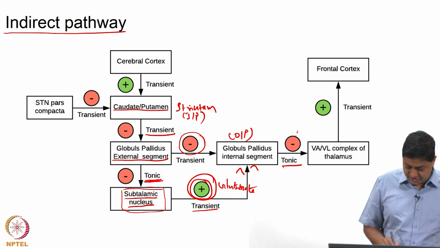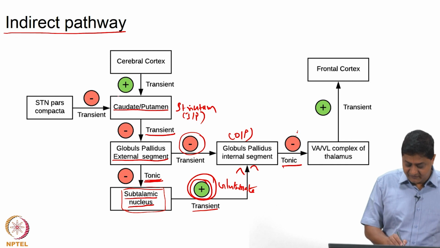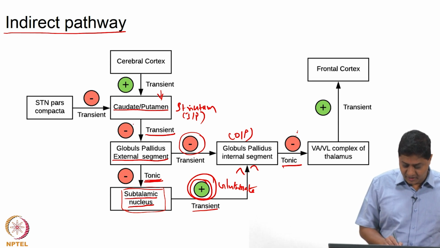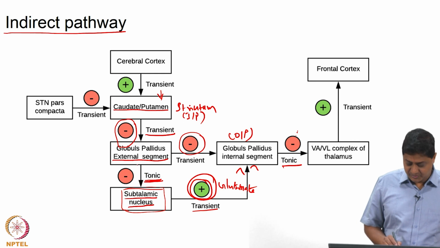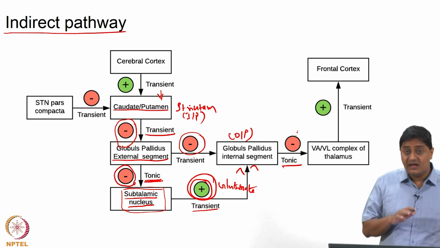Essentially, inhibition provided to the subthalamic nucleus is reduced whenever there is a positive input that is coming in. Essentially that causes an inhibition of the globus pallidus external, and that means the level of inhibition provided by the globus pallidus external segment to the subthalamic nucleus here reduces.